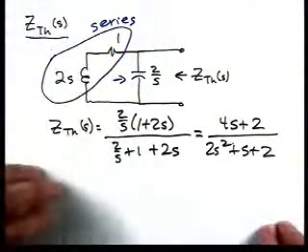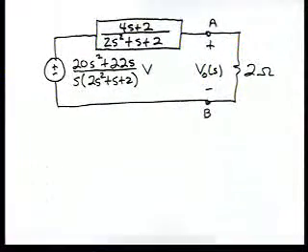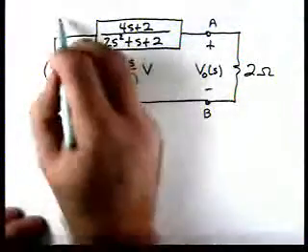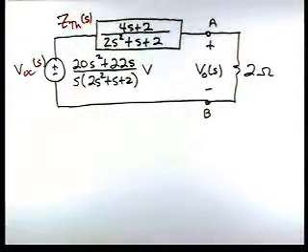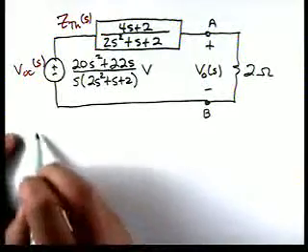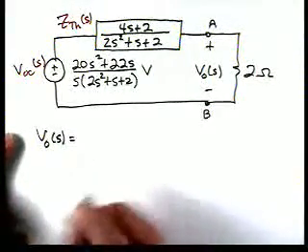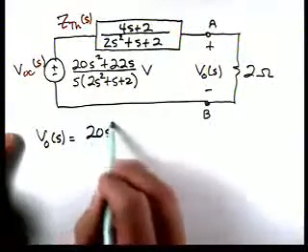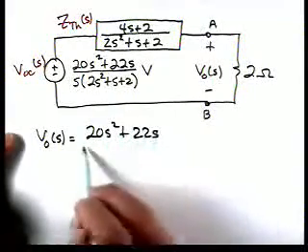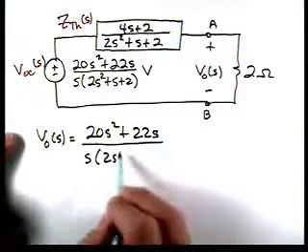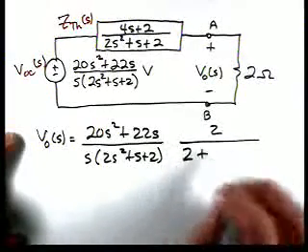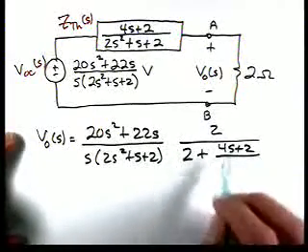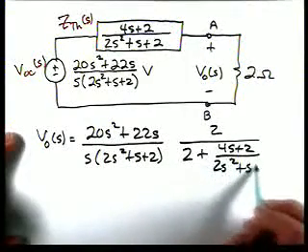Now let's reconnect our 2 ohm load as shown in the diagram here. Here is Z Thevenin. Here's VOC. Now we can calculate V0 of S using voltage division. So we'll have 20S squared plus 22S over S times 2S squared plus S plus 2, times 2 over 2 plus 4S plus 2 over 2S squared plus S plus 2.